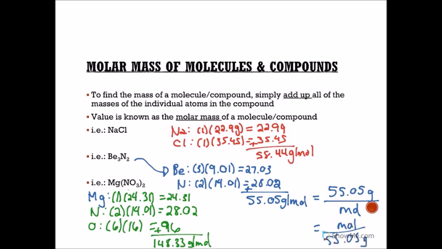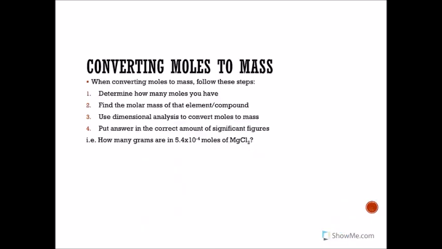It just depends on what you're looking for in your question. For this question, we are looking for how many grams are in 5.4 times 10 to the negative 4 moles of magnesium chloride. Whenever we see that word grams, we know we're going to need to figure out our molar mass. So we do that first.